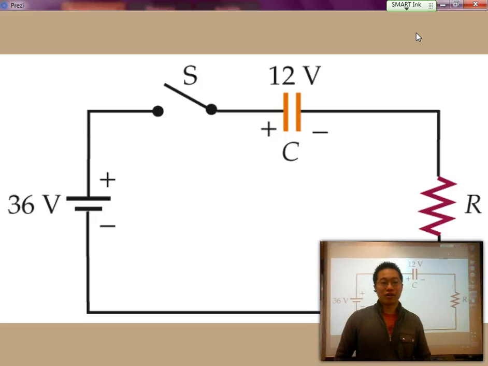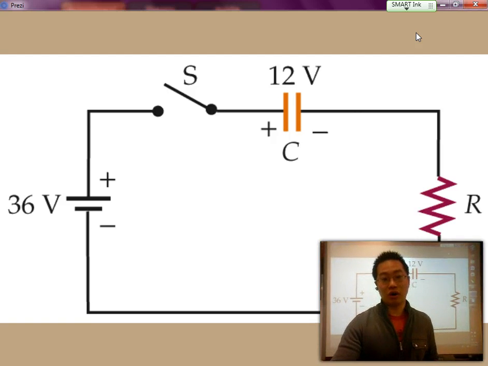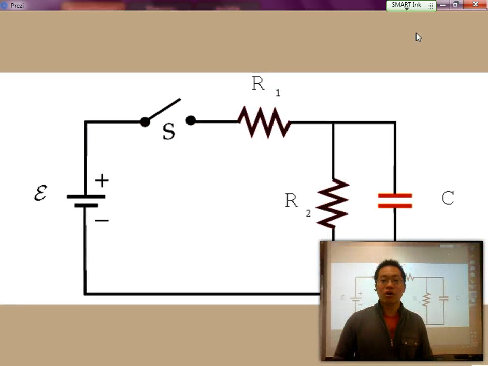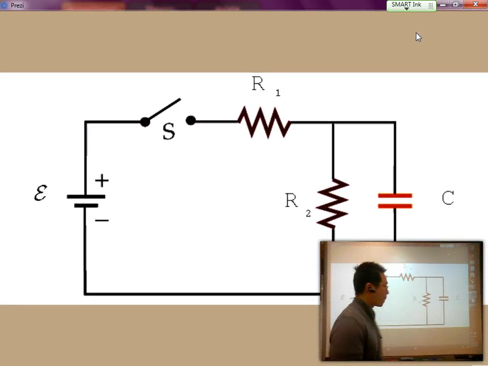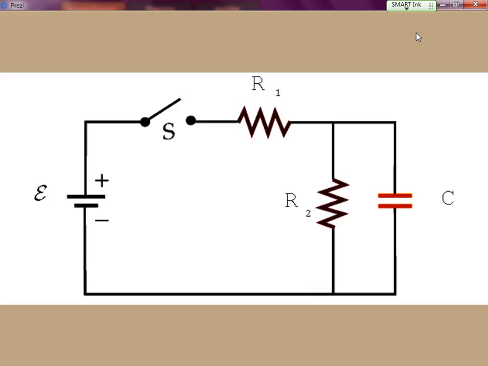So in this case over here, as similar to a diagram before, if the capacitor became fully charged, the resistor would just turn off. There would be nothing left on at all. Over here, this is a more interesting example. The capacitor is placed in parallel with resistor 2.